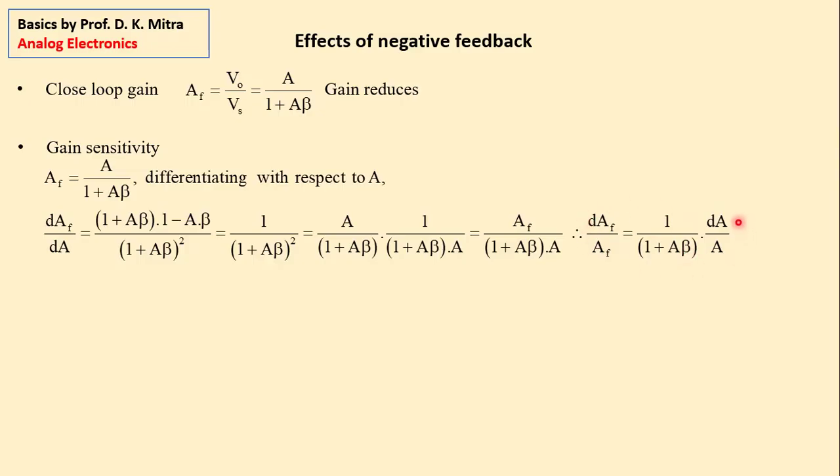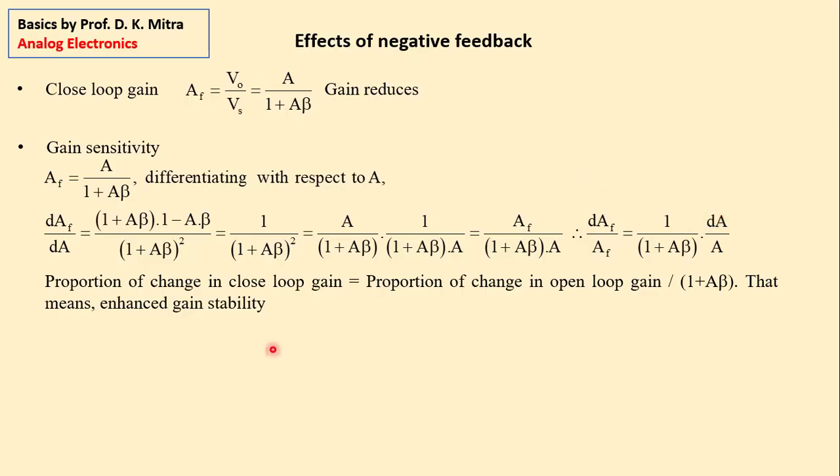So what we see is that the sensitivity is much improved. The proportion of change in closed loop gain is actually the proportion of change in open loop gain divided by 1 plus A beta. That means enhanced gain stability. This is number one point.